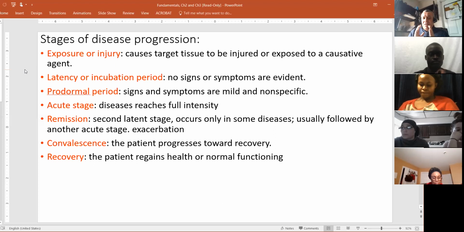They have remission phases in which the signs and symptoms are at a lower base, or they are very limited, or at some point they're absent. We call it remission phase.